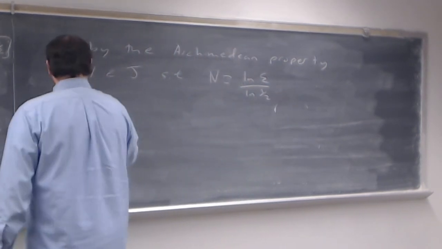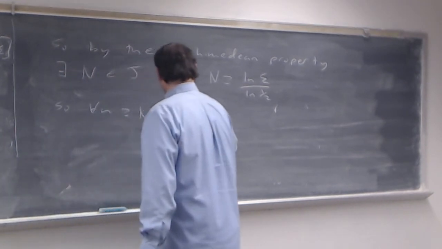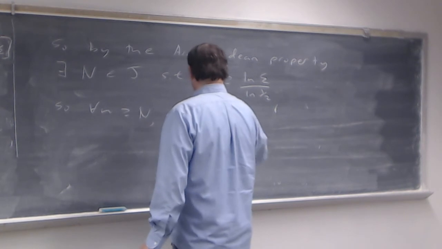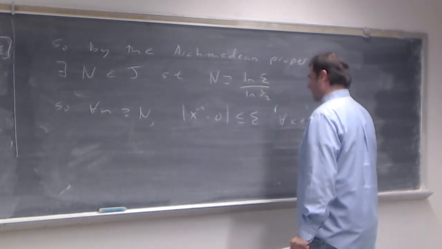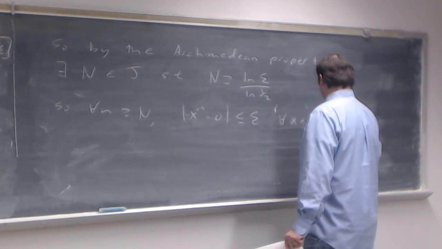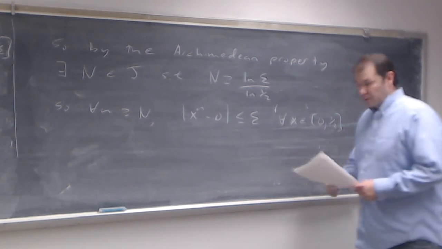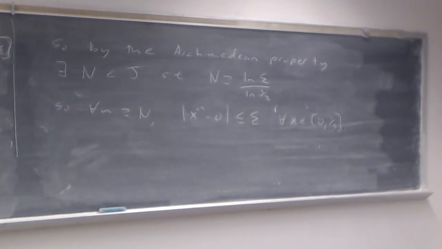So for all n bigger than or equal to this big N, it follows that the absolute value of x sub n minus 0 will be less than or equal to epsilon, and that's true for all x element between 0 and 1/2.